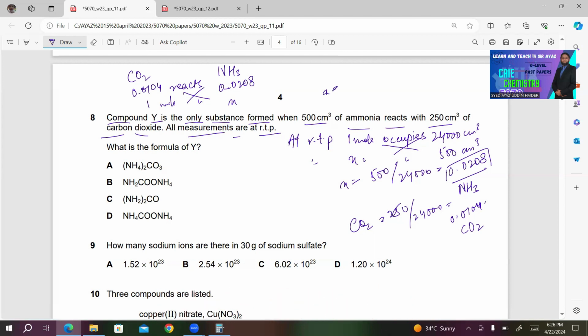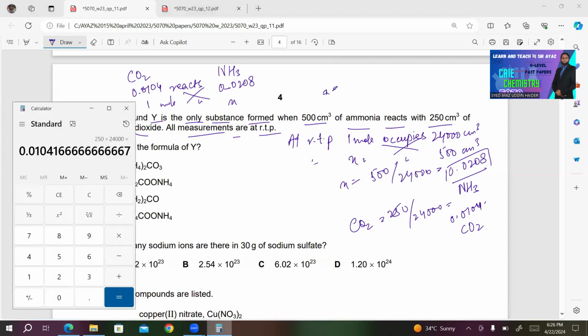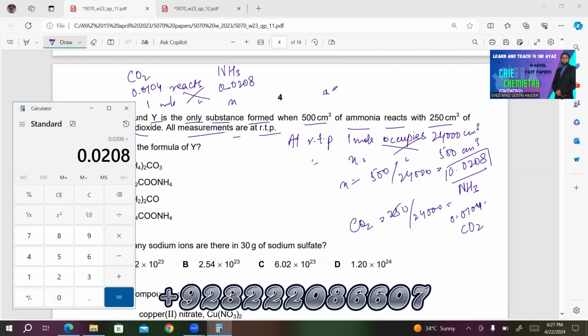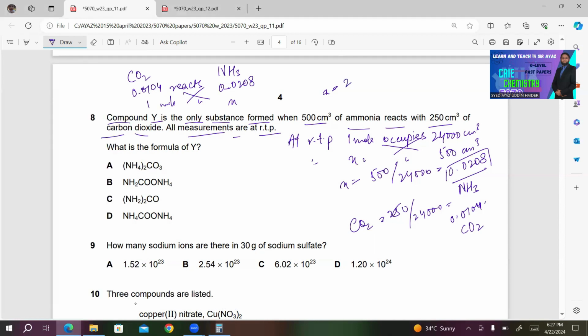So X is equal to 0.0208 divided by 0.0104, 2 moles. So we must have 2 moles of ammonia reacting with 1 mole of carbon dioxide.